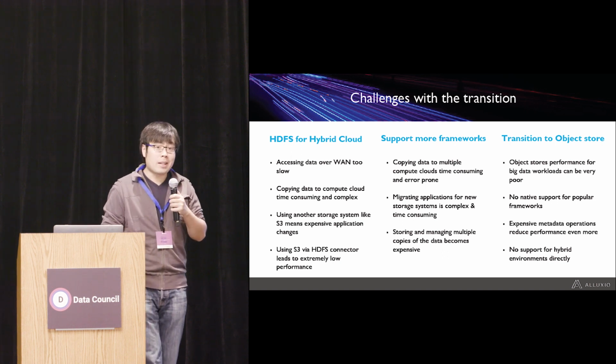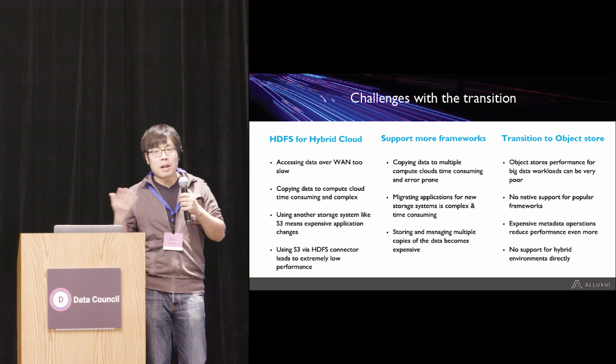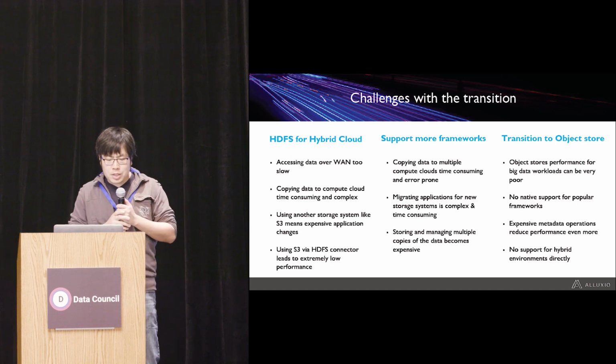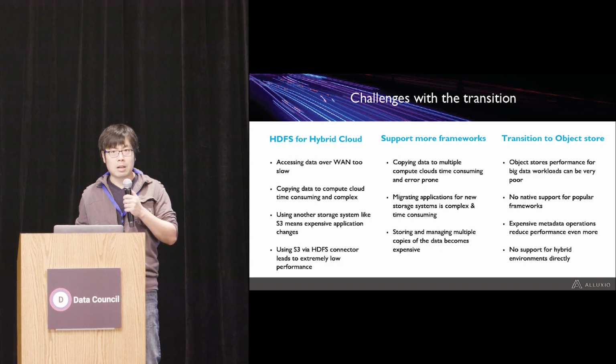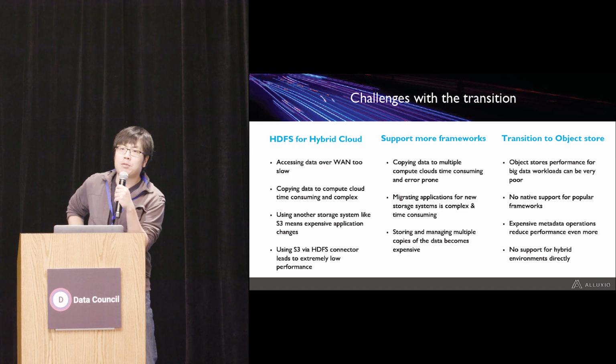And usually the data scientist team doesn't want to involve the ETL team because that can be a very long process to wait. Also, HDFS has a connector to talk to S3, this kind of public cloud storage, but this is typically not optimized for big data workloads.